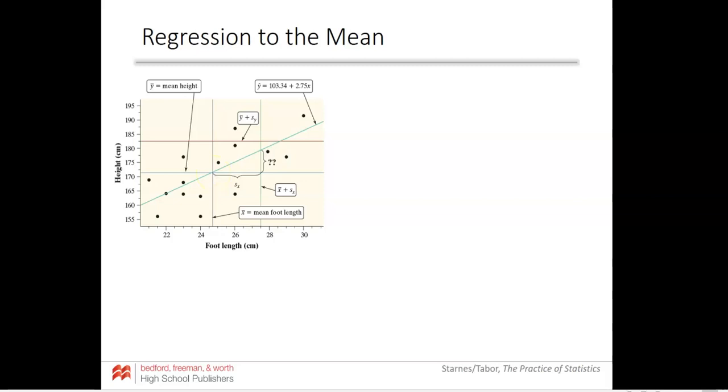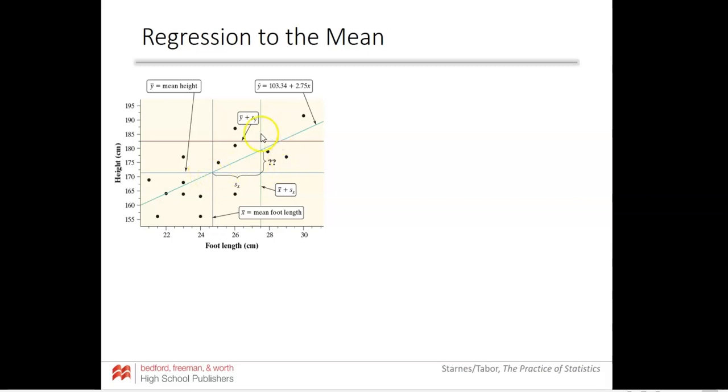That always happens. Just like the sum of the residuals is 0, the regression line always goes through the mean x and the mean y. It's going to go through that point every time. So that's part of our formula because that's where it always goes through.